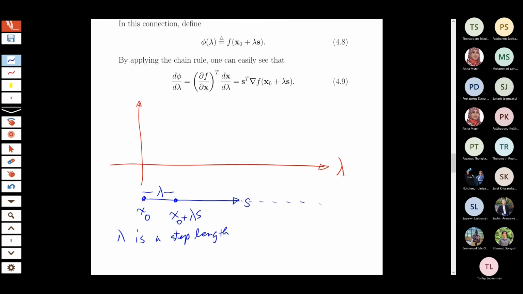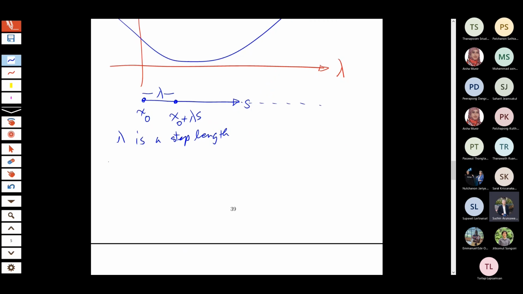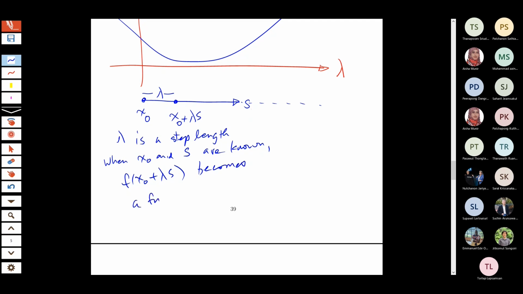So now you can write the graph of the function f versus the parameter lambda, because x naught and s are known.